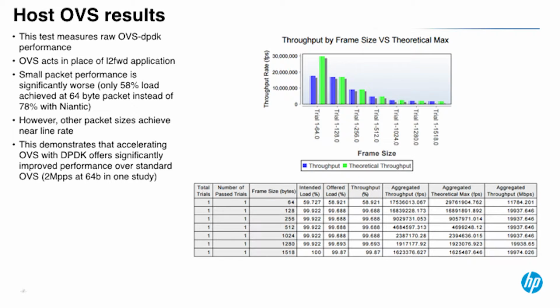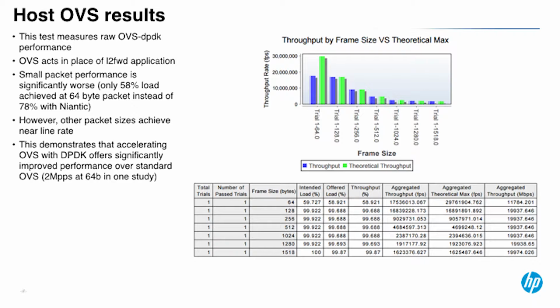And what we find here, also with the Niantic, is that our small packet performance is quite a bit worse. We're hitting about 59% load instead of the 78% load that we saw with the SR-IOV model. But for everything else, we're right at line rate for the higher numbers.